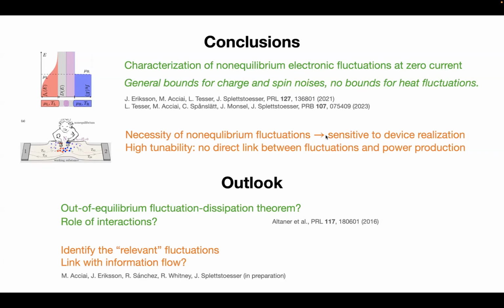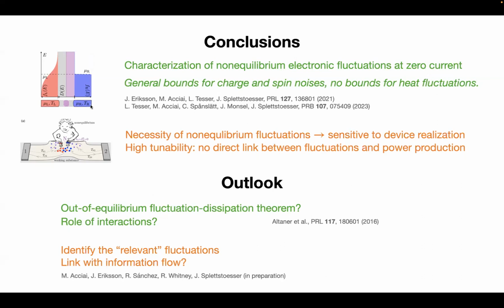And there is, in a sense, high tunability in the system. So there is no direct link between the fluctuation and the power production, which on the one hand means that we still have to do some work to understand it better. On the other hand, it says that it's actually not necessary to have large fluctuations in absolute sense to produce any useful output.